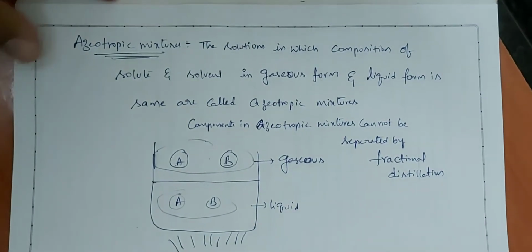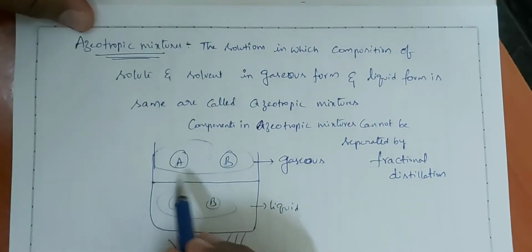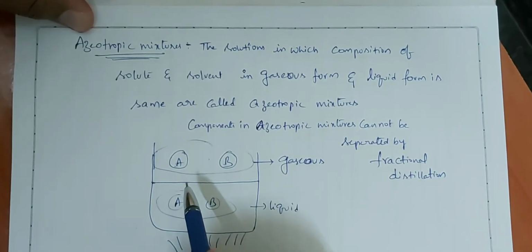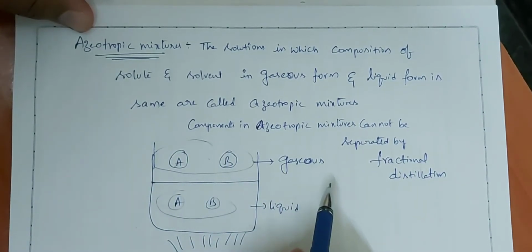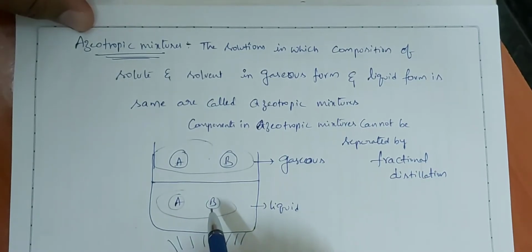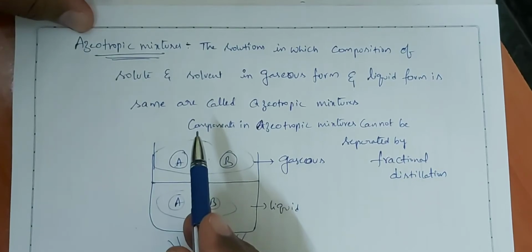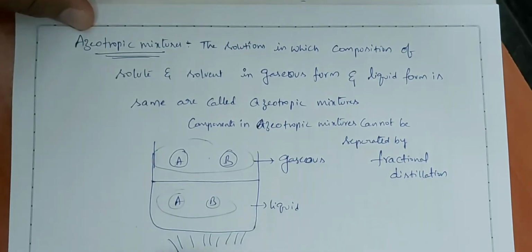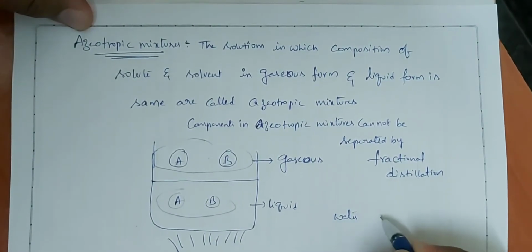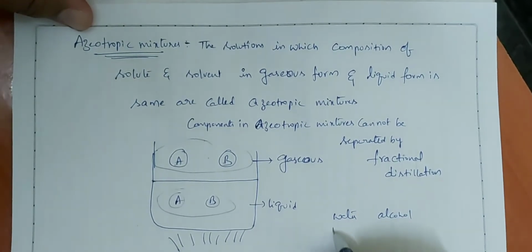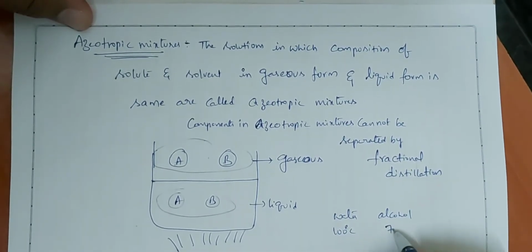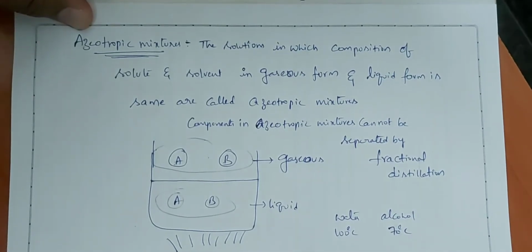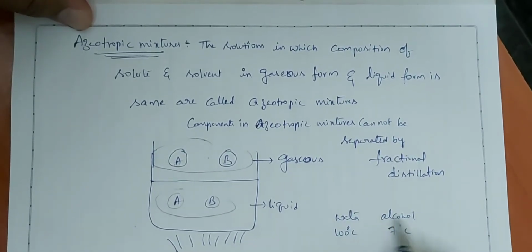To separate the components by fractional distillation, first only one component must be converted to gaseous state, then it will be separated and liquid form will be present as B. That means lower boiling point liquid will be separated first. In the beaker, higher boiling point liquid will be present. Suppose water and alcohol. Water boiling point is 100 degrees centigrade. Alcohol boiling point is 70 degrees centigrade. These can be separated by using fractional distillation.